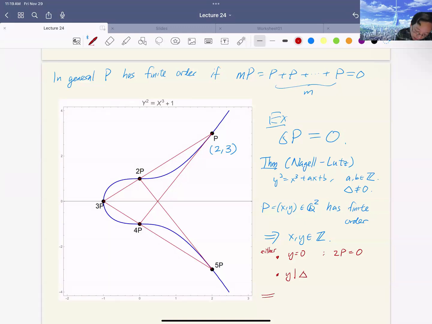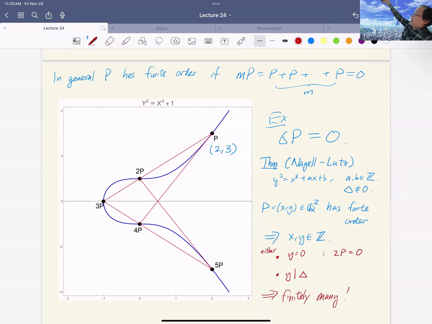So in particular, only finitely many. The discriminant is just an integer, so you just count how many y divide delta and check case by case whether it is finite order or not. So there are only finitely many points with integer coordinates and finite order.